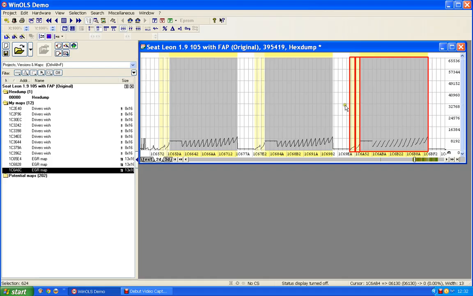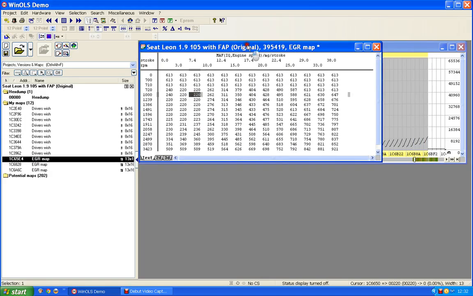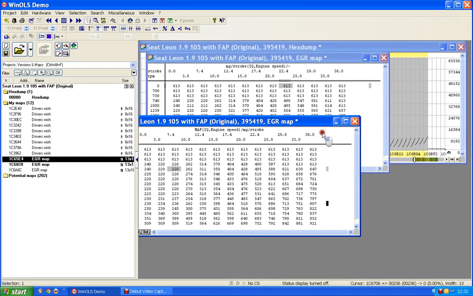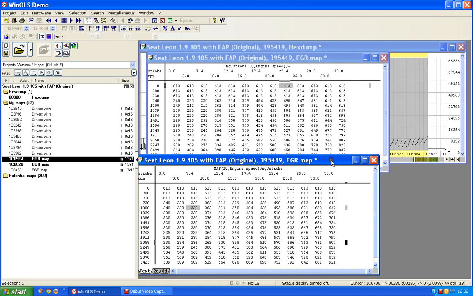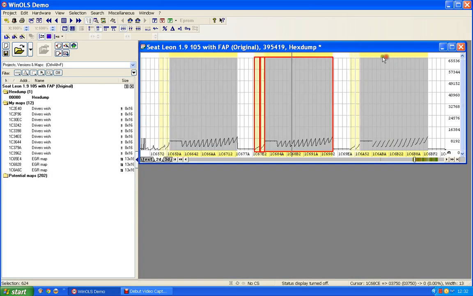Without doing an absolute direct comparison, I can't be sure. Sometimes it plays up when you're trying to get 2 open side by side, but how similar are they? They look pretty similar to me. I could be wrong, but they look fairly similar. I won't do a direct comparison at this moment.